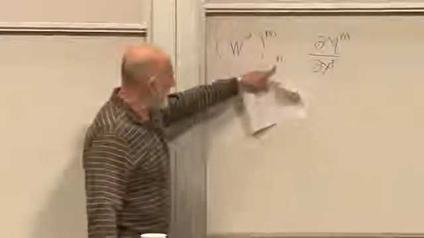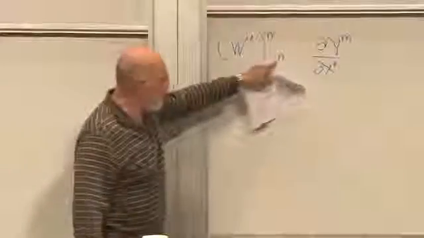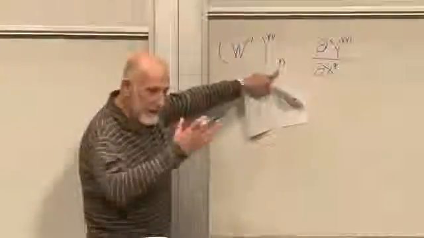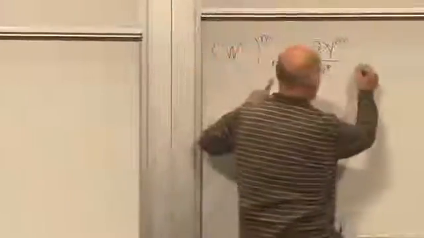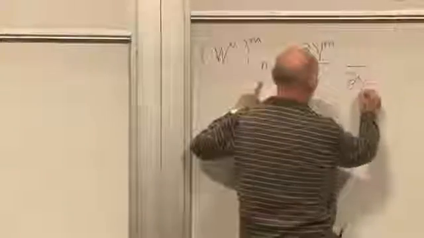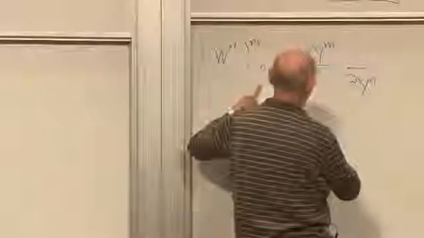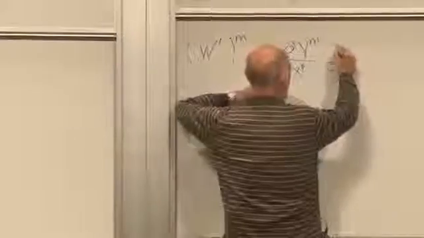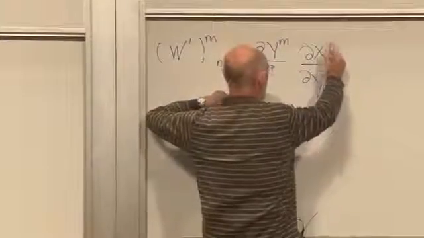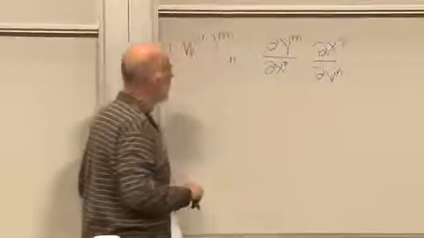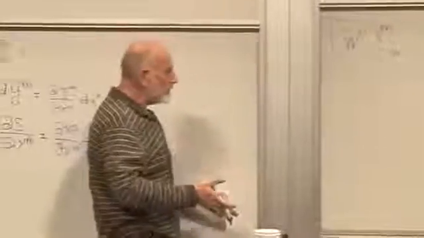Now, what about this index here? This is a y index, because it's primed, downstairs. So there must be a dy downstairs, and therefore there's got to be a dx, and let's call it q, upstairs.